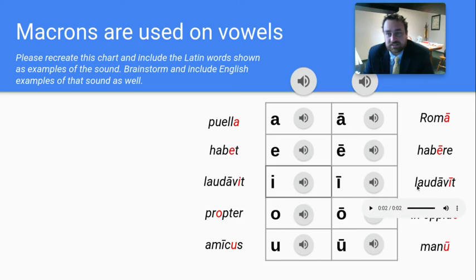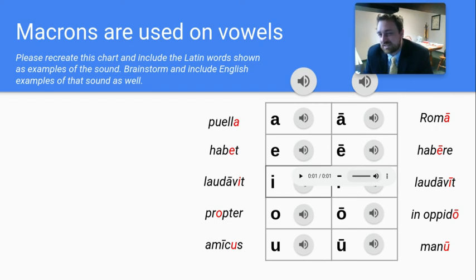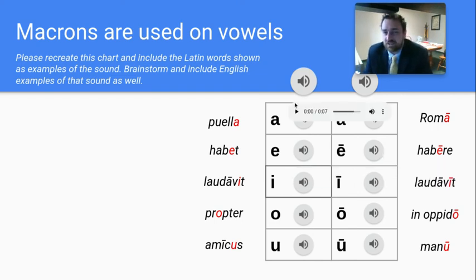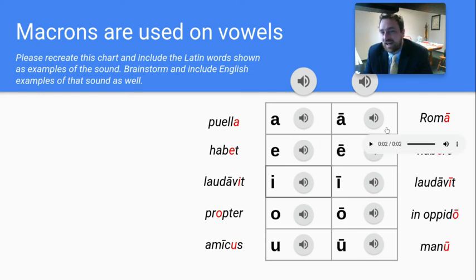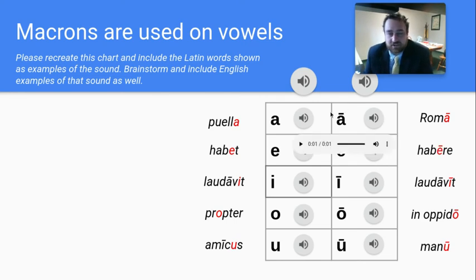Laudavit. So I and E sound pretty different from each other. And A and A sound pretty different from each other. And puella, they sound a bit more similar, and it's more about the length for the letter A.